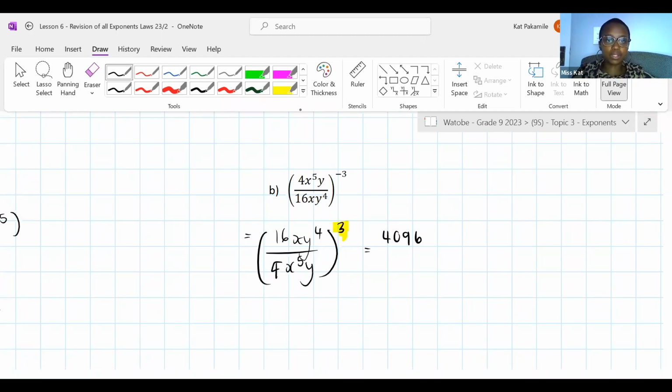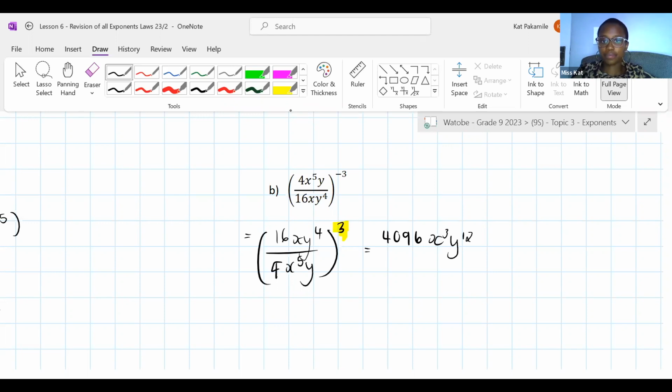Then I'm going to take the exponent on y, the power 4, and times it by 3. 4 times 3 gives me 12, and it's also going to be x cubed.